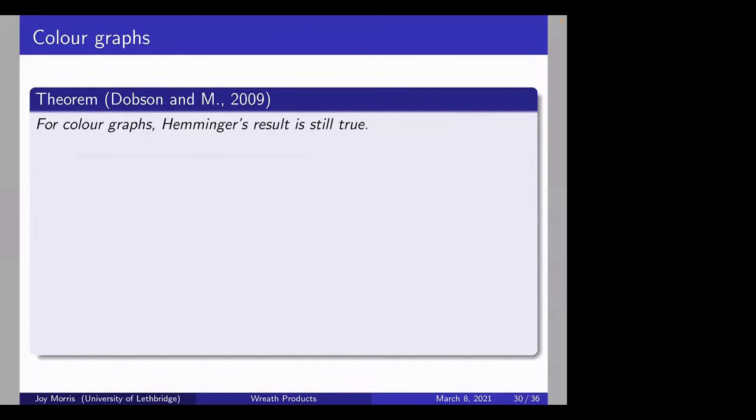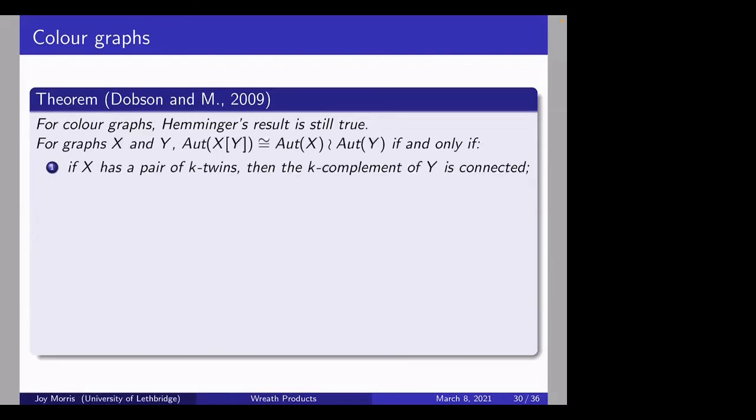All of their proofs worked exactly as written. And so this wasn't very interesting, except that in some sense, it's maybe a more natural setting for the whole idea, because instead of talking about false twins and true twins and having those two separate conditions, we can talk about K-twins and the K complement.